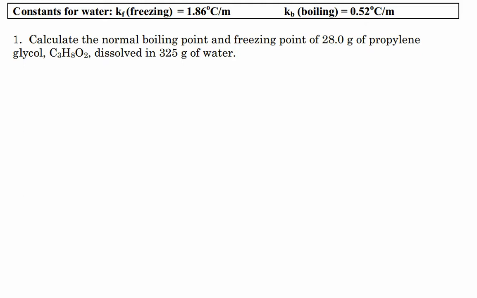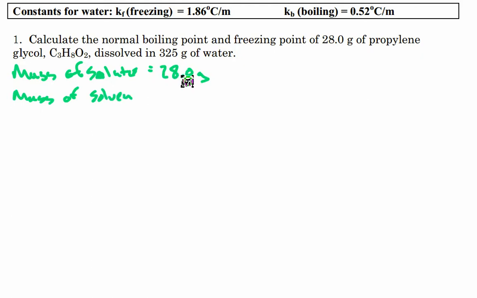So what we want to figure out is our concentration. So we have got a mass of our solute, and that's going to be 28.0 grams. And then we also have a mass of our solvent.